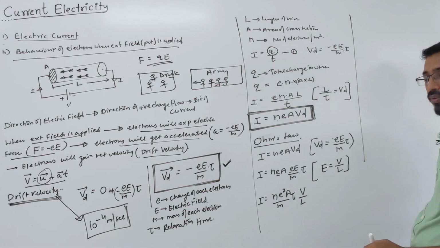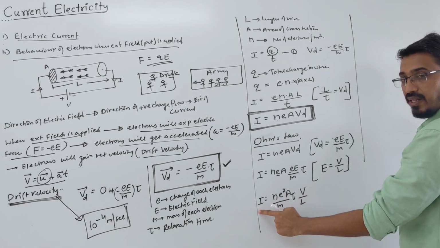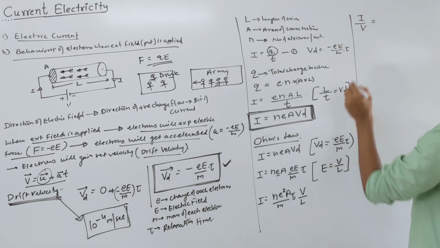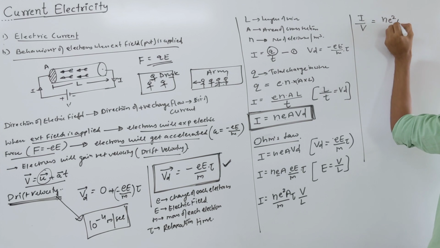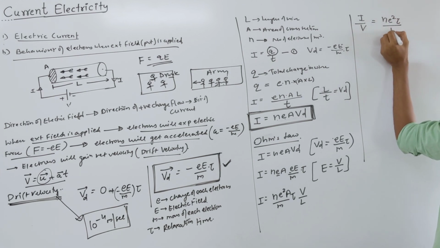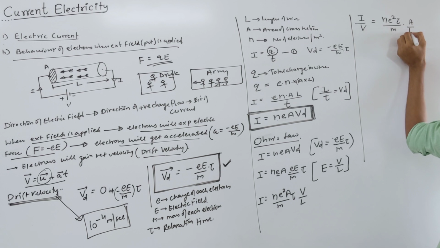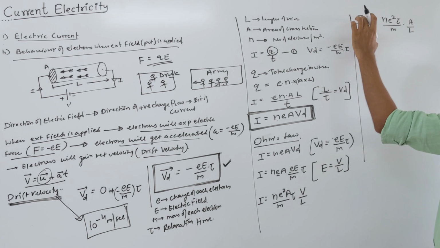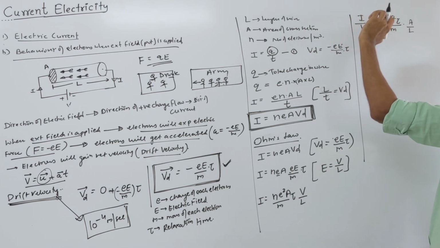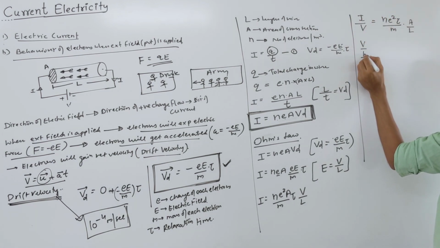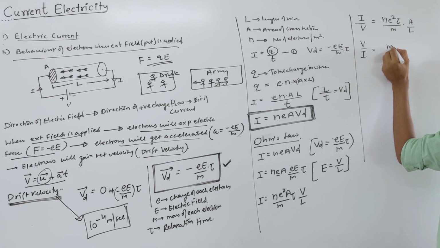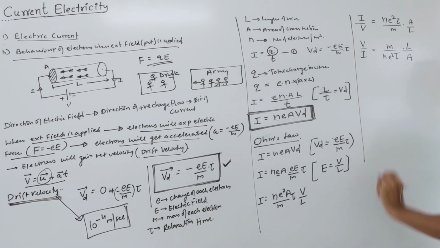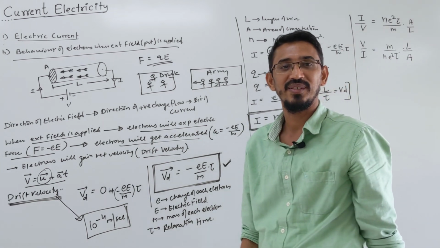I am taking V down here, so I by V is equal to n e squared tau A by m L, that is area by length. Now reverse this: V by I is equal to m over n e squared tau, into length by area. So I hope you can recognize something here, right?